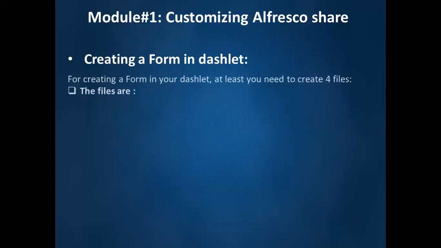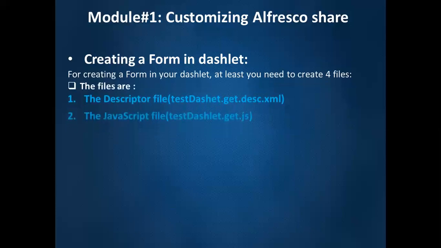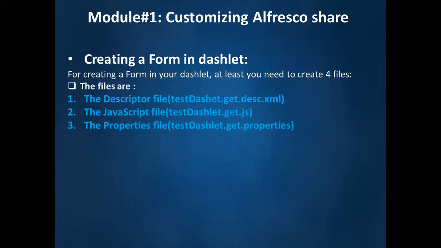in our Dashlet. These are the descriptor file, the JavaScript file, the properties file, and then the template file. As my example, I gave the ID for these files, test Dashlet.